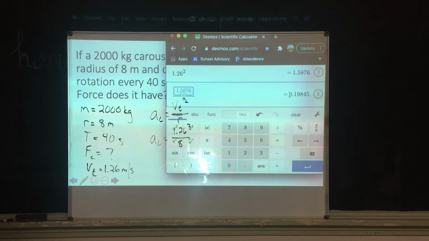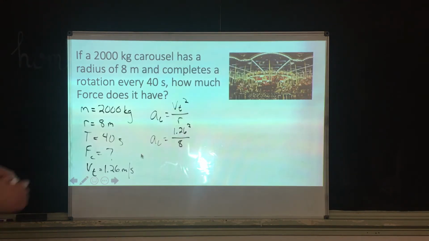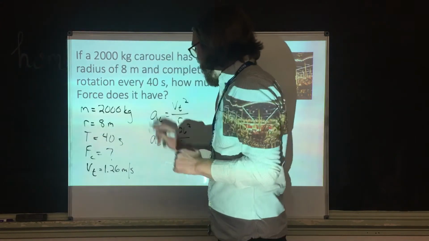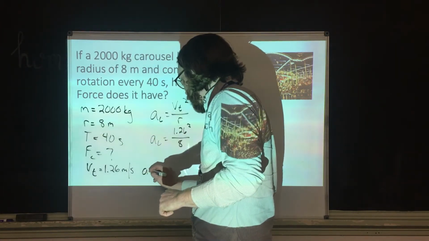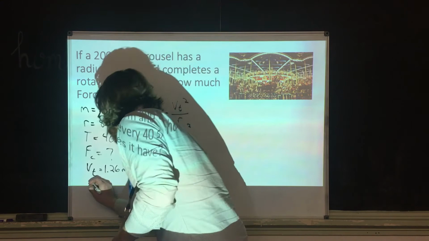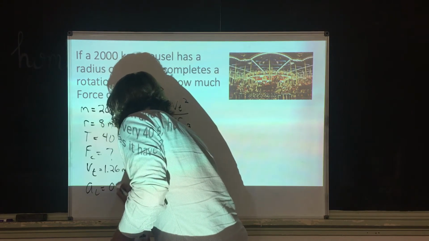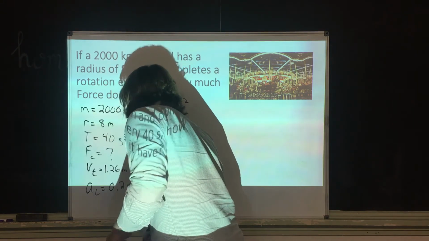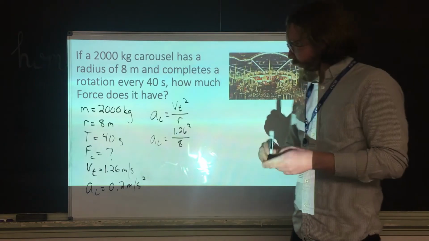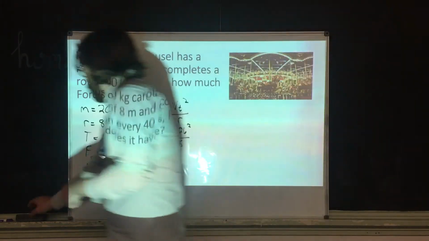And this gives us 0.198, which we're going to call 0.2, excuse me. So now we have our acceleration, which I'm going to put here. Actually, does this look terrible? Can you see this? It's 0.2 meters per second squared. You see how the list just keeps growing?